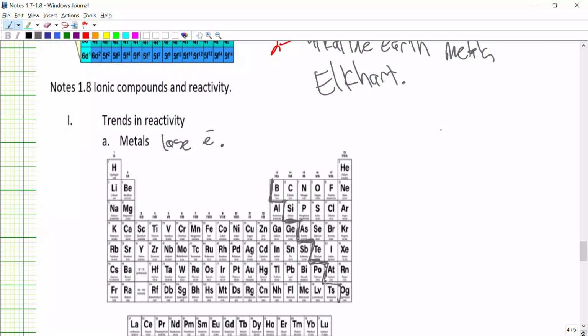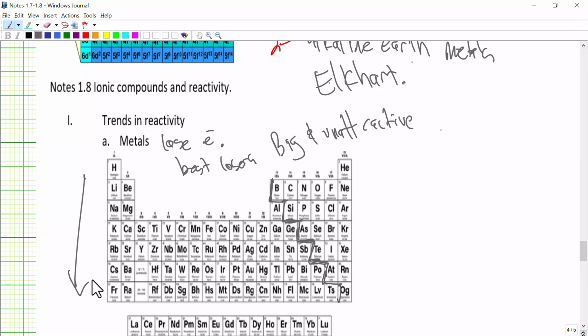So the most reactive are the best losers. Isn't that weird? How do you become the best loser? You need to be big and unattractive. Where are you going to be the biggest? Down on the bottom. When are you going to be the least attractive? Fewest protons.